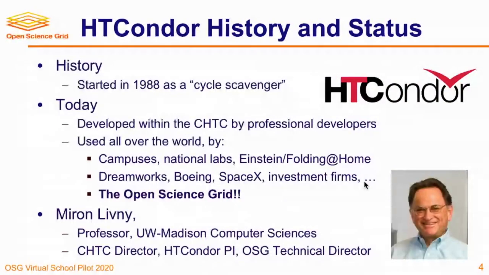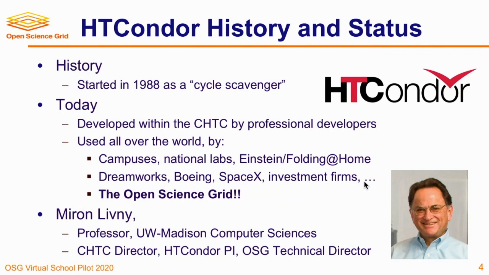But CHTC has a longer history beyond our role as the Research Computing Center at UW-Madison. In particular, we are the pioneers of the ideas of high throughput computing that have grown alongside the development of the HTCondor compute scheduler, which is oriented toward and enables high throughput computing at scale, even across clusters that are distributed, like what we see in the Open Science Grid.